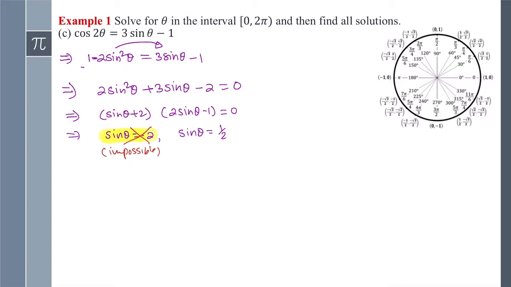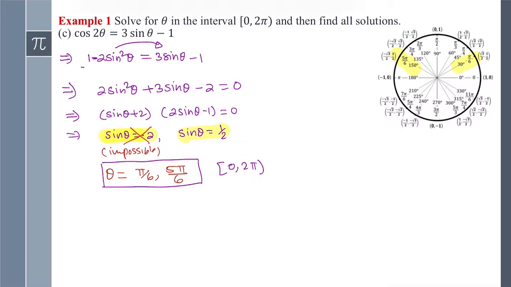Now we'll just take the second one where sine theta equals 1 half, which means theta equals, sine theta is 1 half at 30 degrees or pi over 6, and then at 150 degrees or 5 pi over 6. So theta equals pi over 6 and 5 pi over 6. So this is the solution in the interval 0 to 2 pi.